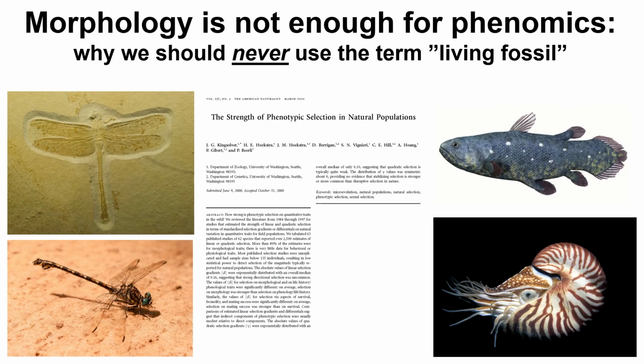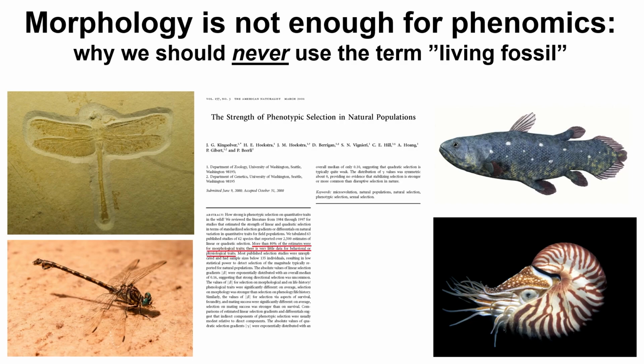And here is one illustration of this. This is an important paper, a wonderful meta-analysis by Kingsolver et al. more than 20 years ago, where they compiled all the selection estimates in natural populations.